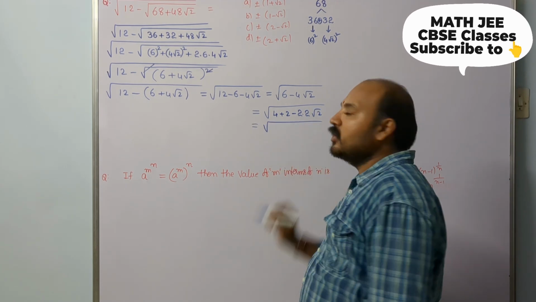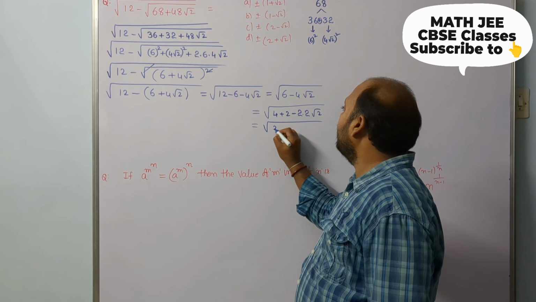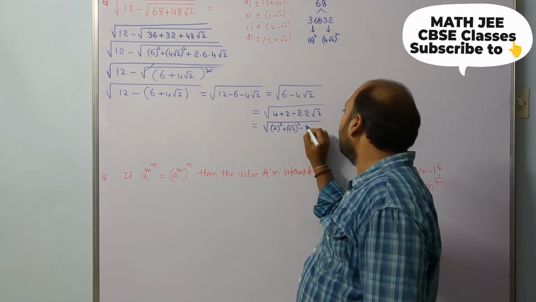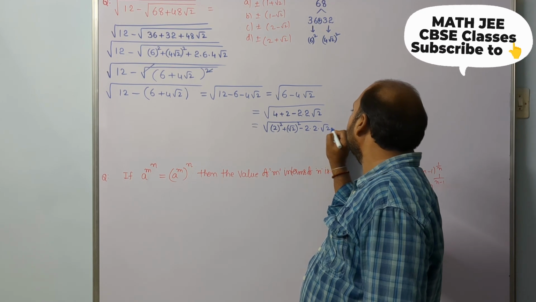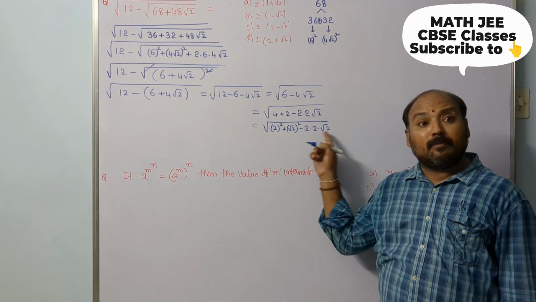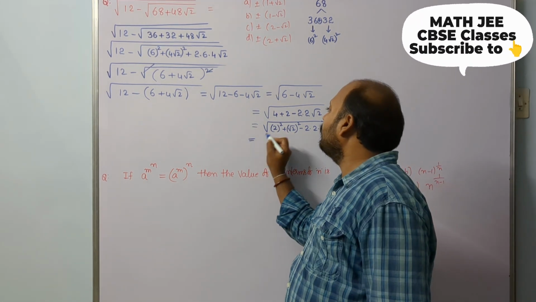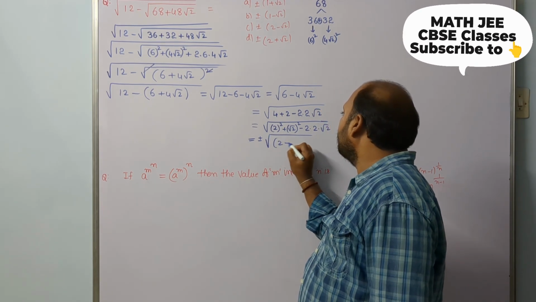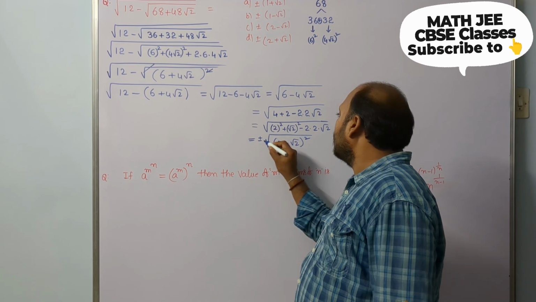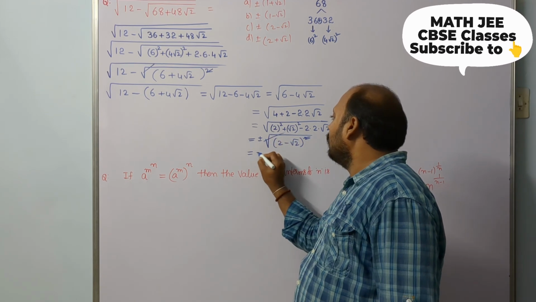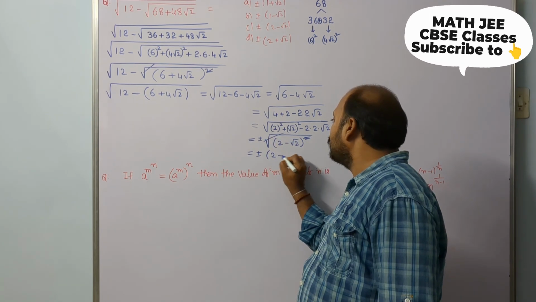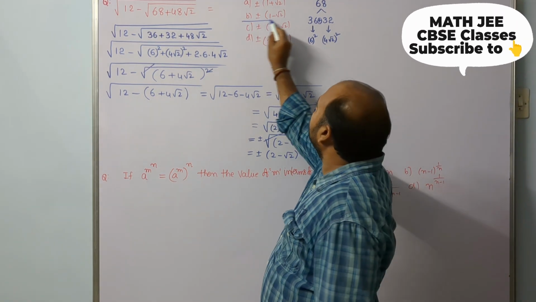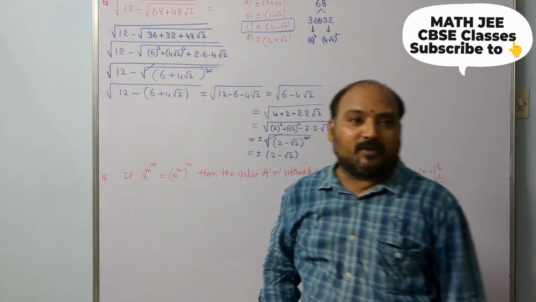Now 4 can be written as 2 square, 2 can be written as root 2 square, minus 2 into root 2. A square plus b square minus 2ab. So whenever before root there is plus or minus, you write it as square root of 2 minus root 2 whole square. Now square and root will be cancelled. We will get plus or minus 2 minus root 2. So plus or minus 2 minus root 2 is there in the third option, dear students.